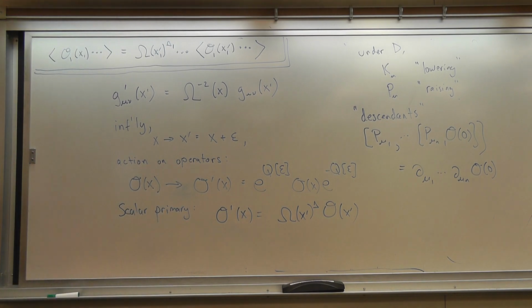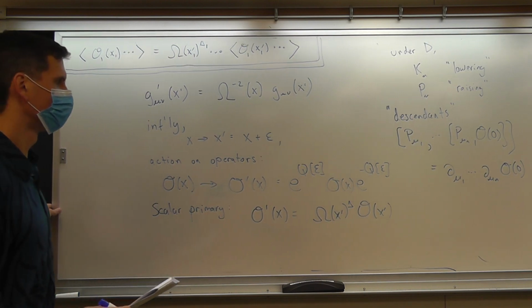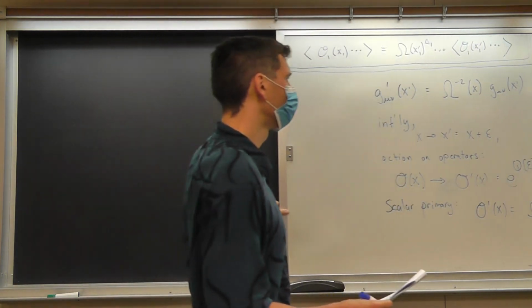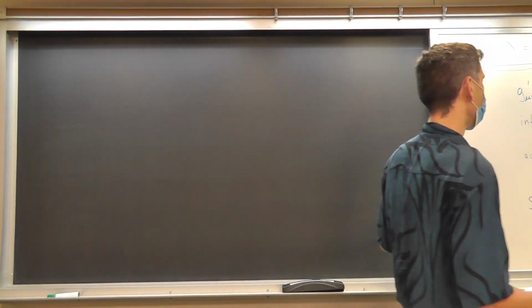I'm still confused, even if we're in Euclidean, right? Because I would think that we'd want these transformations to be unitary, so that they take orthogonal states to orthogonal states if they're acting on the state instead of an operator. Or should I not really be thinking about Hilbert space unless we're in Lorentzian signature?